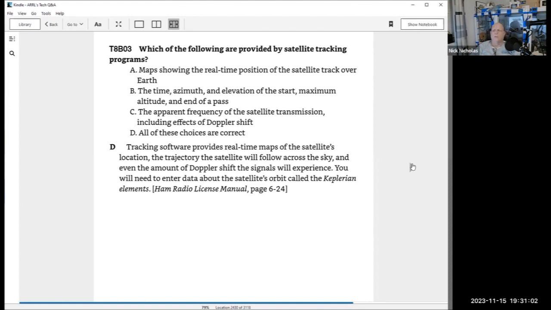It'll give you the approximate frequency of the satellite transmission. Remember, satellites are in motion, and as they're in motion, you have Doppler shift occurring. So they will normally tell you how much the shift is as it's passing closer to you and then further away. So all of these are correct answers.